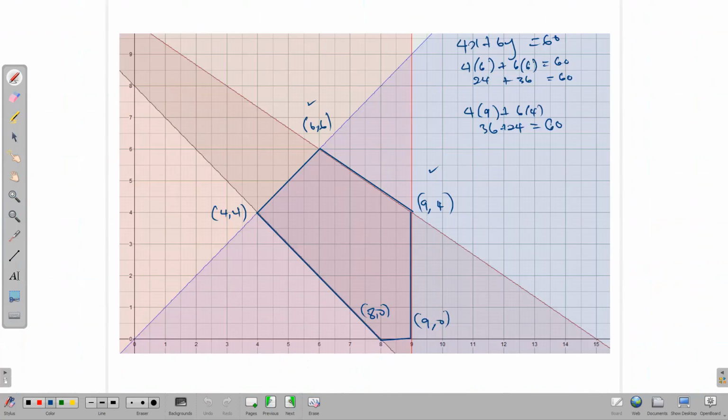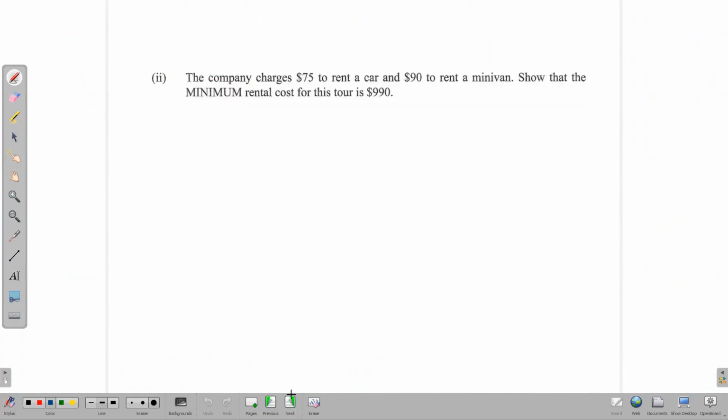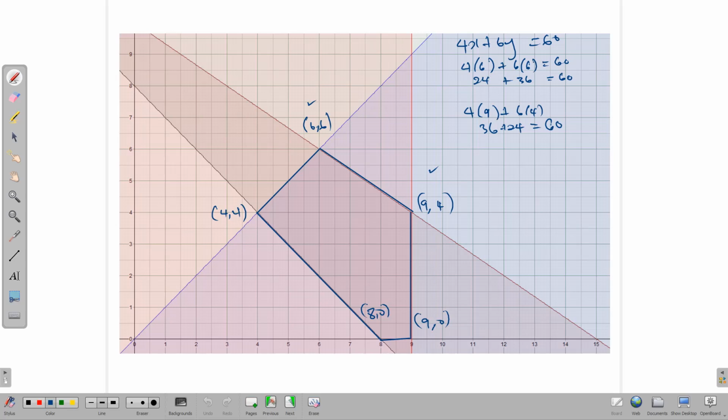The next part of the question talks about the company charging $75 to rent a car and $90 to rent a minivan. Show that the minimum rental cost for this tour is $990. I'm not exactly sure what the person who wrote this question was thinking, but like I said, every point in this region is a solution, and the ones on the extremes are usually the best.